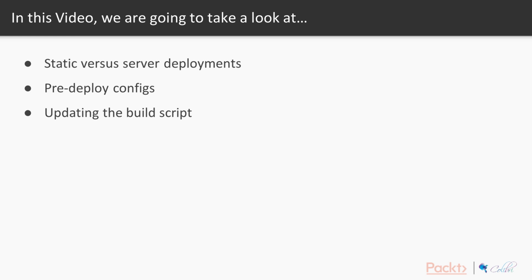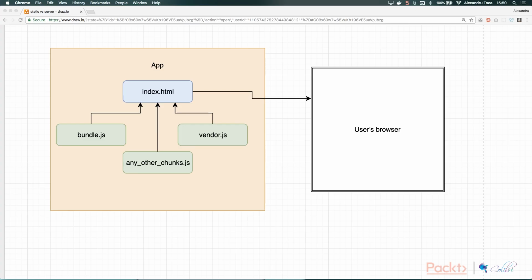Then we will quickly update our config files with some pre-deploy configurations and talk about what we need to do there. And then we will also update our build scripts so that we can build a production-ready app and create a production-ready bundle.js.